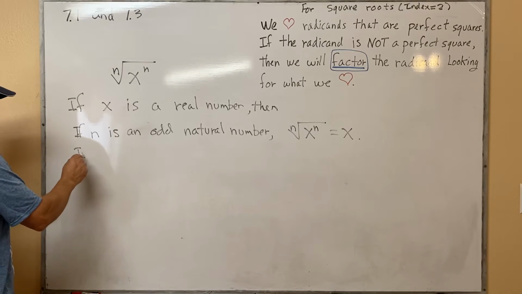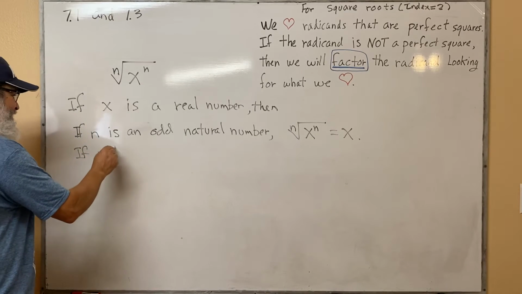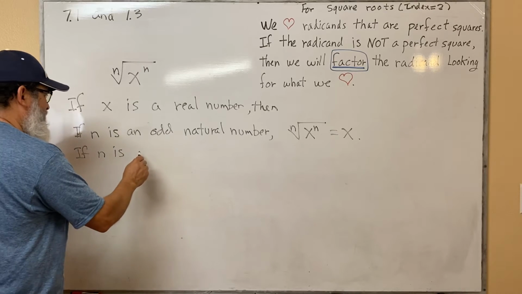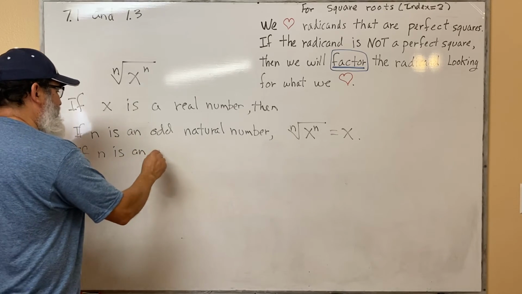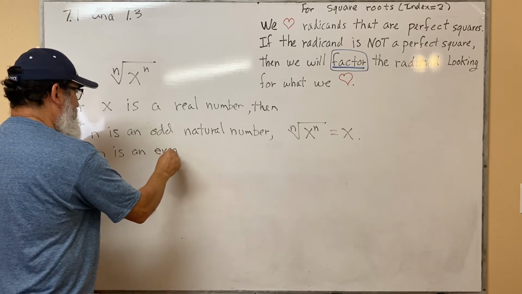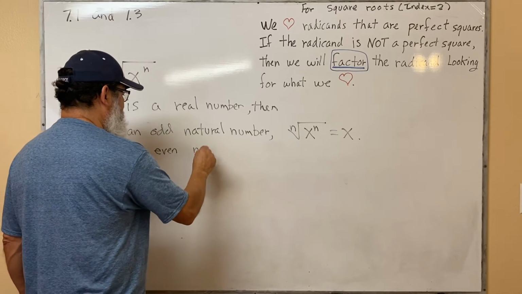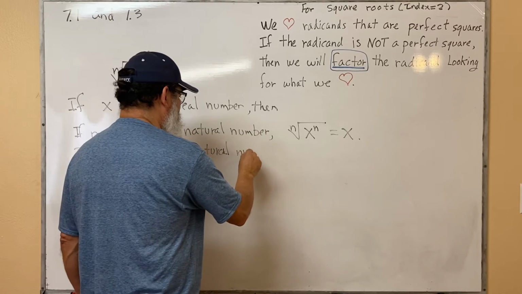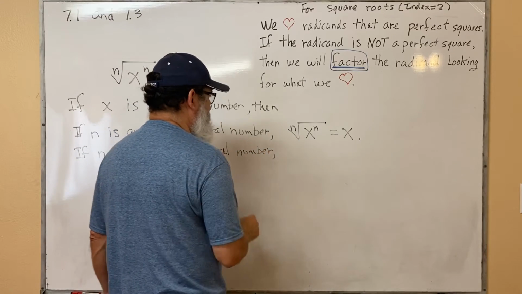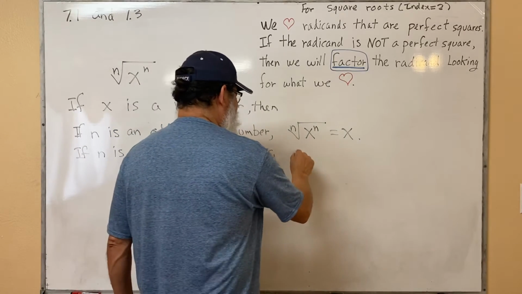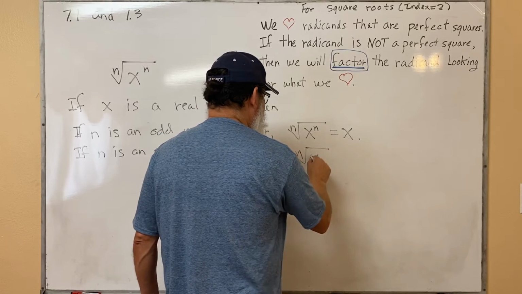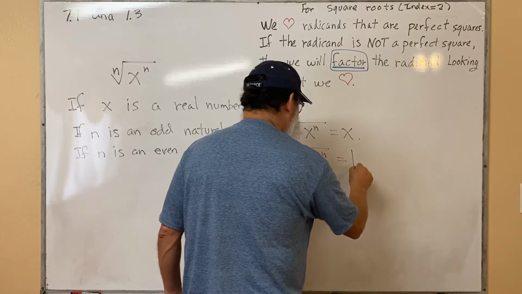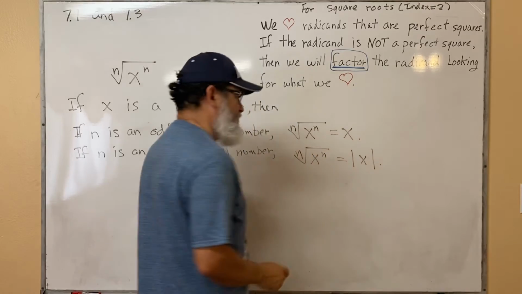If n is an even natural number, then the nth root of x to the nth is the absolute value of x.